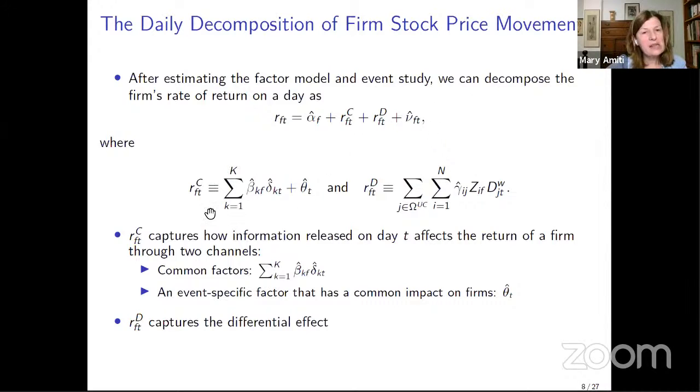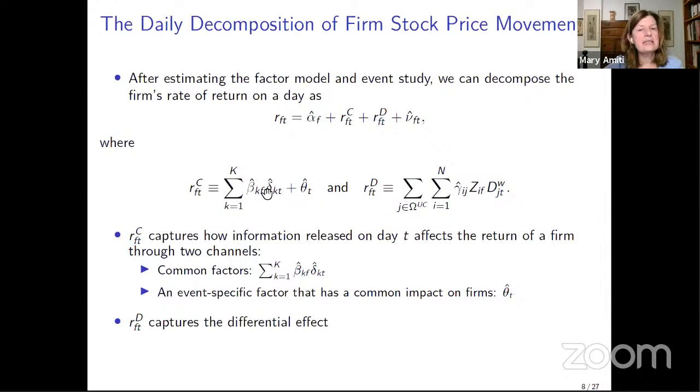So this common effect is the additional thing we're interested in, and as I pointed out, it has two components. As I mentioned earlier, these deltas multiplied by their loadings come from the factor model, and this was the common factor. It goes into the common effect, but it's not the only part. There's also this additional part.